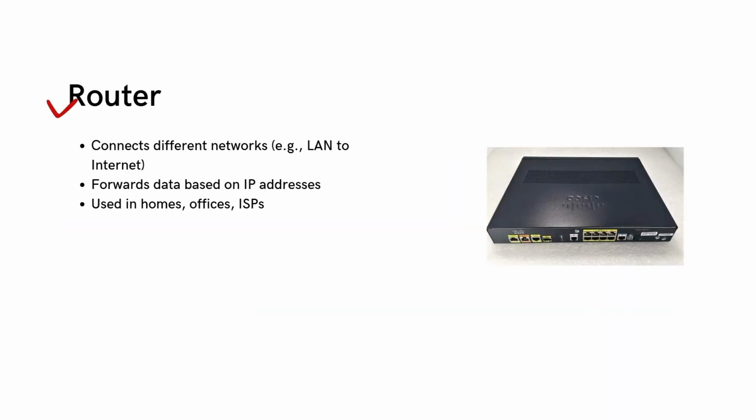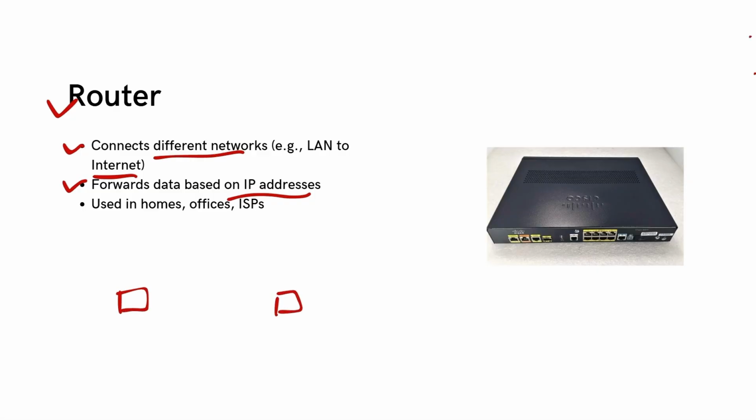The next one is router. A router is the device that connects your local area network to a different network, usually the internet. So it connects different networks together and it forwards the data based on IP addresses.